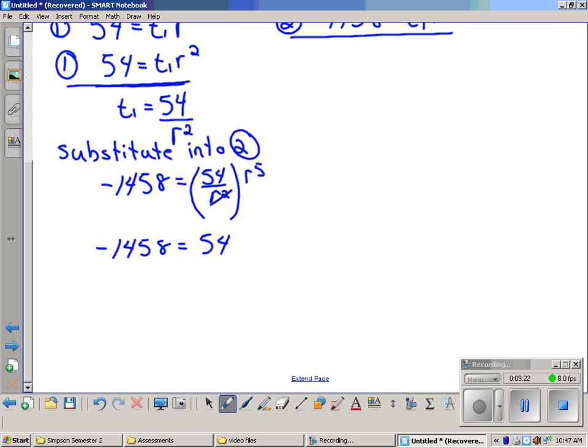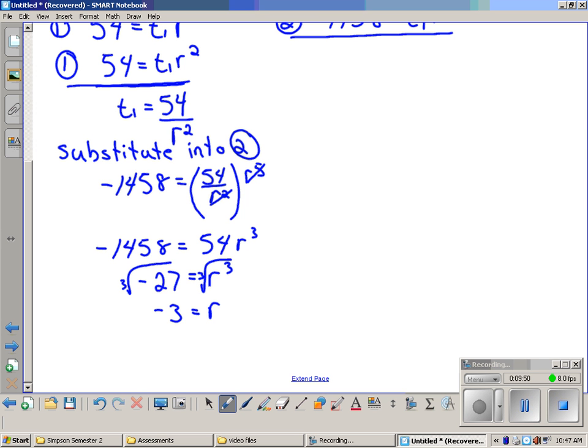My R's can be reduced and I'm left with R cubed. Divide both sides by 54 and I have negative 27 equals R cubed. Taking the cube root of both sides, I end up with negative 3 is equal to R. So my common ratio is negative 3.